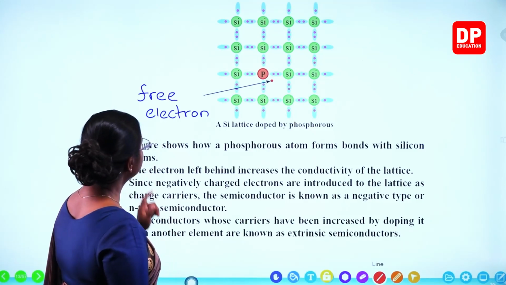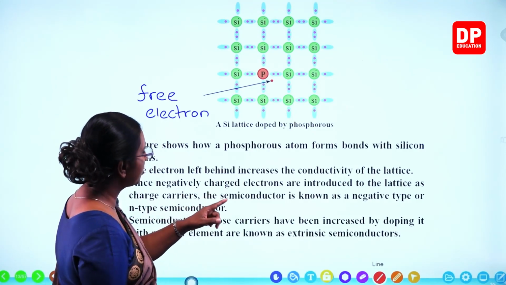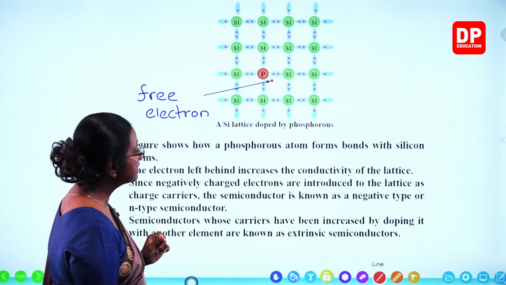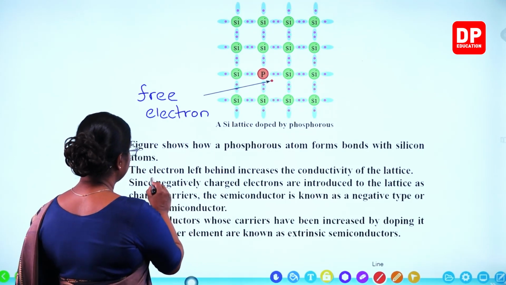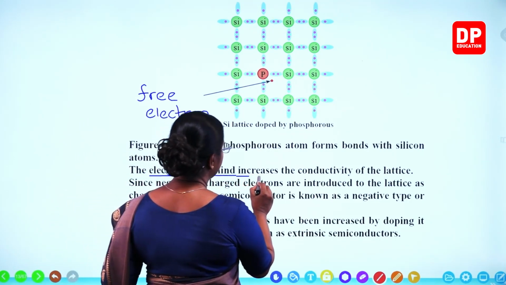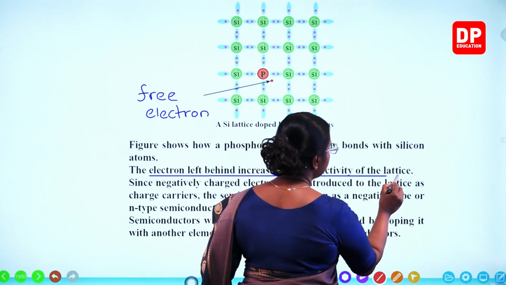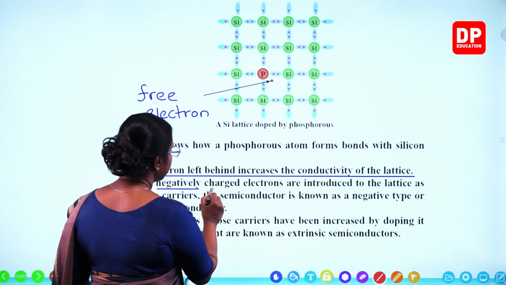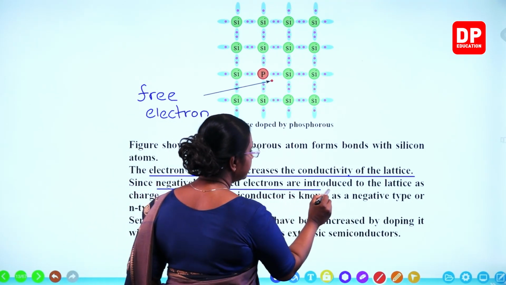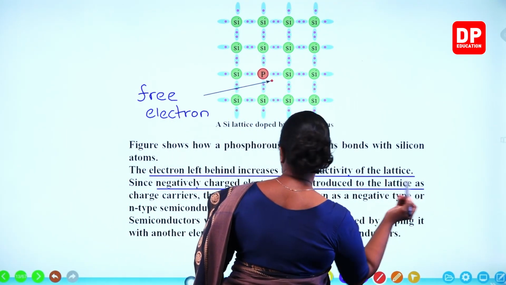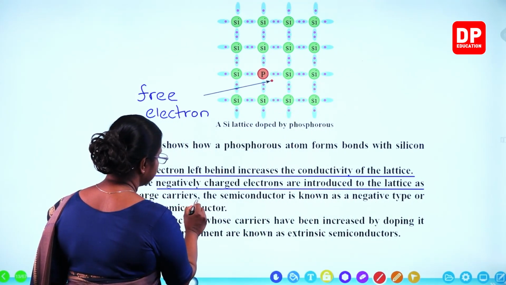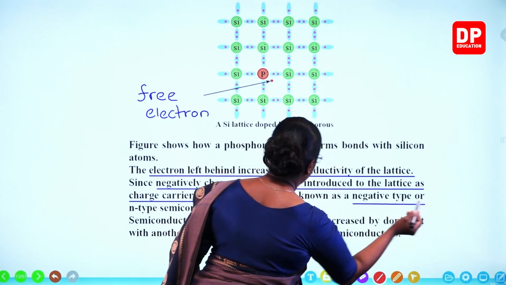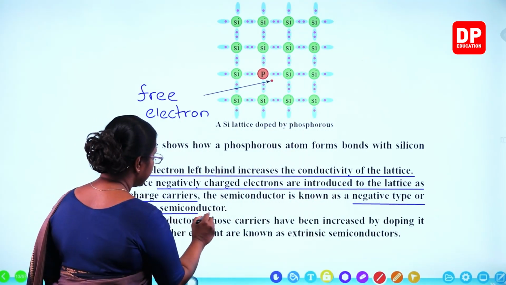Then, the figure shows how a phosphorus atom forms bonds with silicon atoms. The electron left behind increases the conductivity of the lattice. So that is important. The electron left behind increases the conductivity of the lattice. Since negatively charged electrons are introduced to the lattice as charge carriers, the semiconductor is known as negative type or N-type semiconductor.